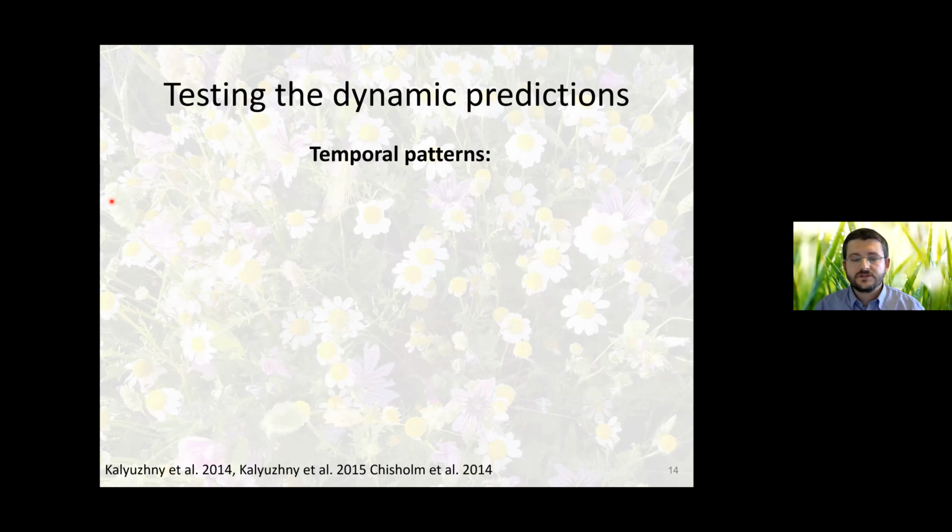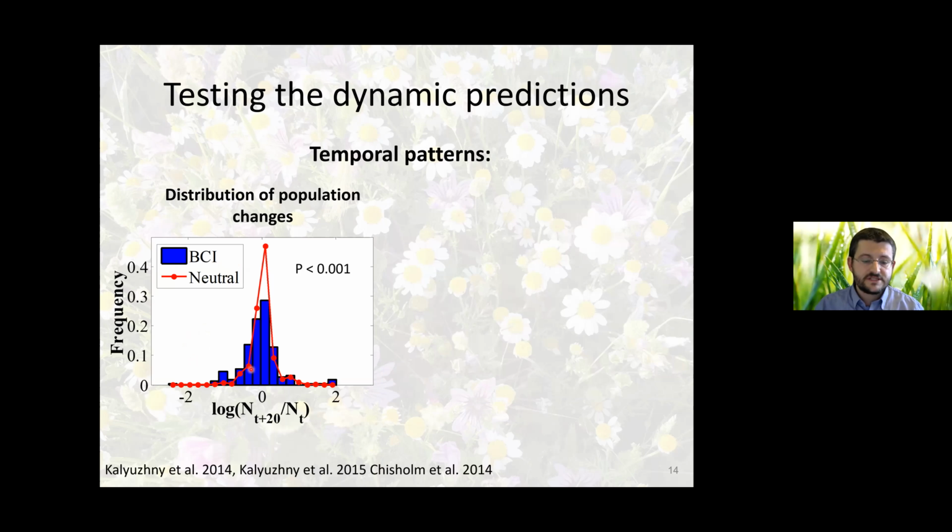So it's possible to just plot a histogram of the distribution of population changes in 20 years on a log scale. And you can see that neutral theory in red is not a very good description of BCI in blue. There is this extremely pronounced peak around 0 change. And this p-value means that there's basically no way of getting the forest under neutral theory.